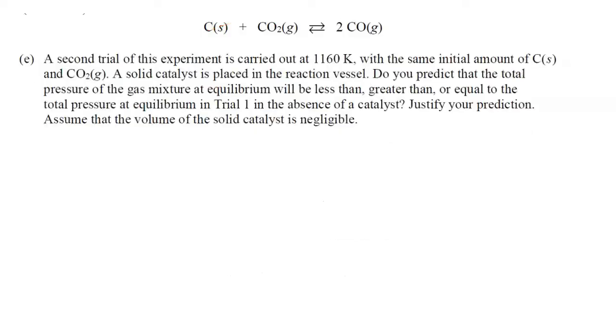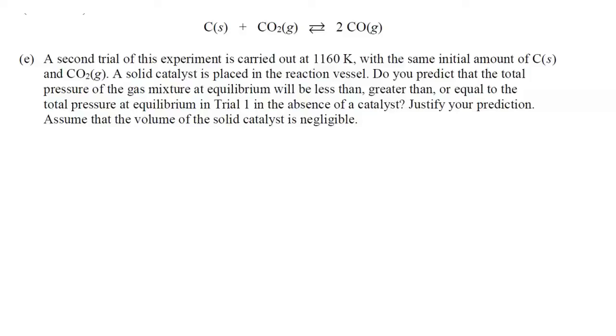Now let's move on to part E. A second trial of this experiment is carried out at the same temperature, 1160 kelvins, with the same initial amount of carbon and carbon dioxide. So that's the same as the original trial, but here's the difference. A solid catalyst is placed in the reaction vessel.